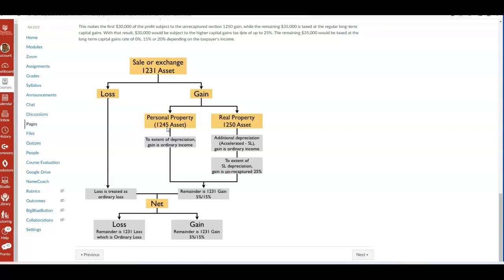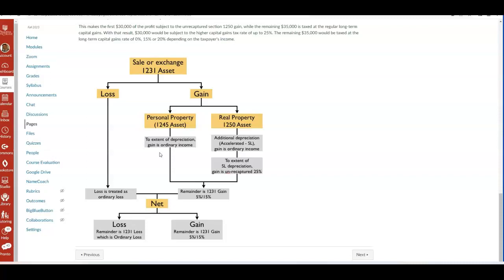Section 1245 type of asset is anything besides real property, like automobile, like machineries, equipment, anything that doesn't have long depreciation, like real estate property. So to the extent of the depreciation, gain is ordinary income. So if you have a gain on personal property, as much as you have depreciation recognized on that, that portion will be ordinary income.